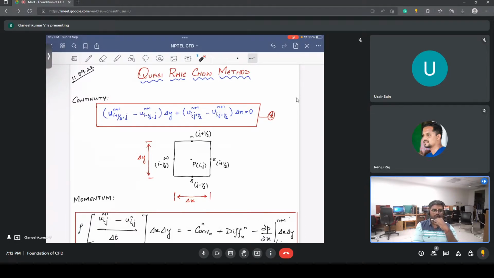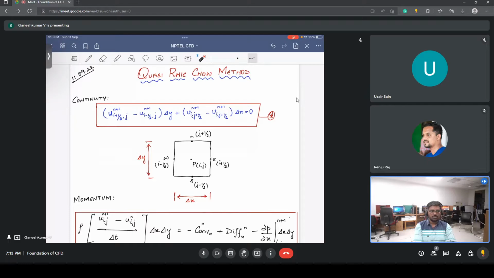If you are developing a new algorithm for solving the Navier-Stokes equation, what people usually do is first apply it to this test case, the lid driven cavity flow, and check whether the solution you obtain is correct or not. That's how you validate your program or algorithm. It is a very basic case, and you are encouraged to do that. In week 8, you are supposed to solve the lid driven cavity flow using programming.